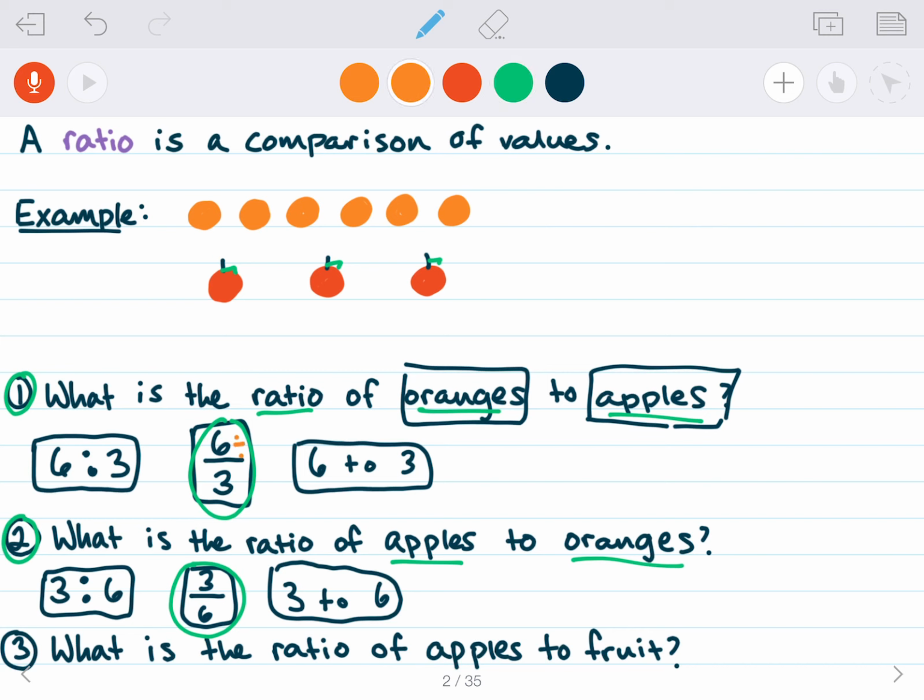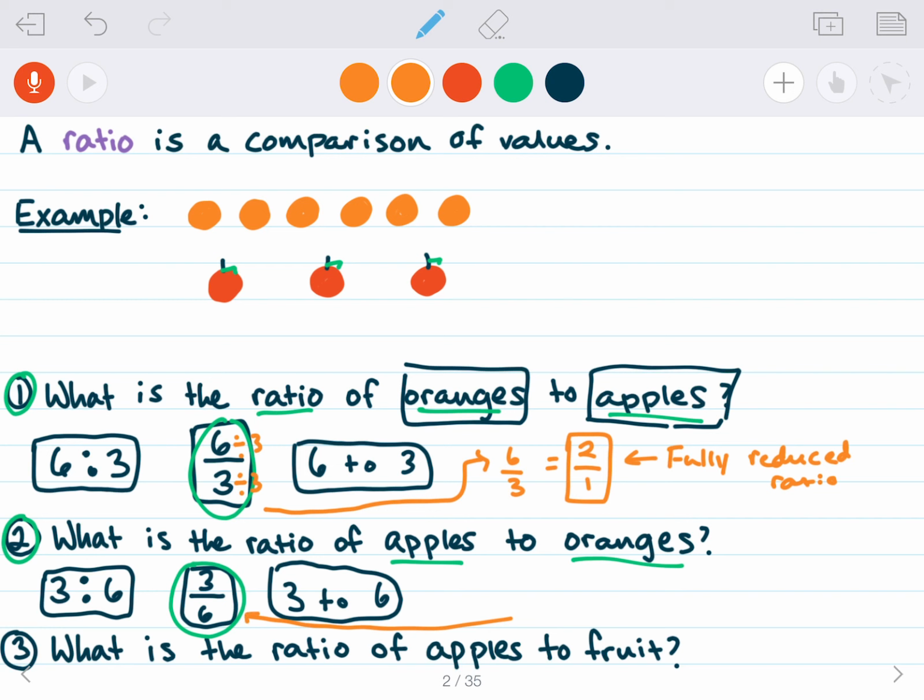And what we end up getting, let me write this over here, 6 over 3, if I reduce by 3, is equivalently 6 divided by 3 is 2, and 3 divided by 3 is 1, so that's 2 over 1. So this is our fully reduced ratio. Whereas here, if I fully reduce 3 over 6, divide top and bottom by 3, 3 divided by 3 is 1 on top, 6 divided by 3 is 2 on bottom.